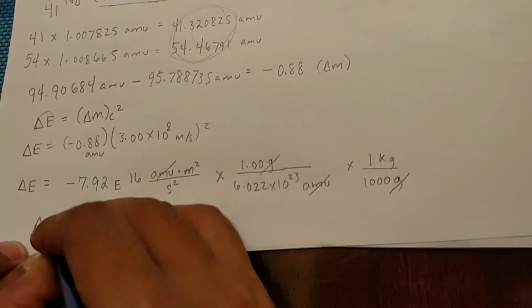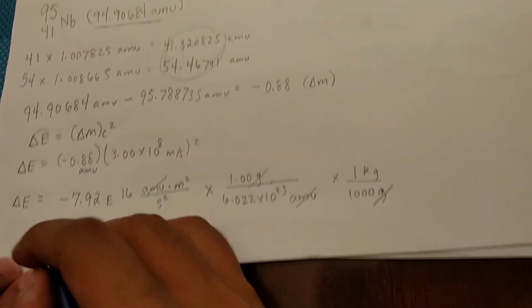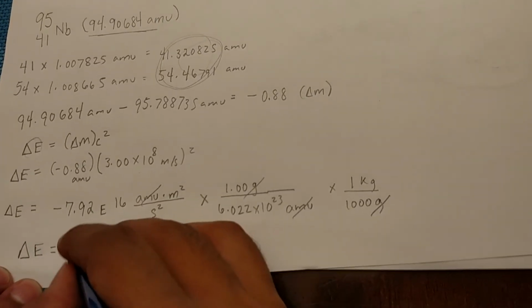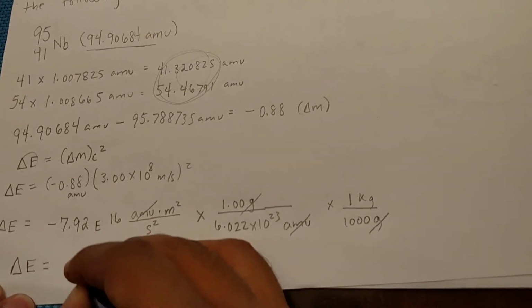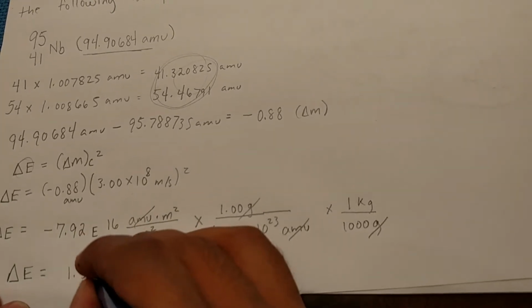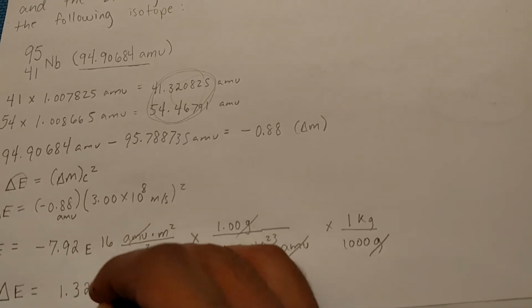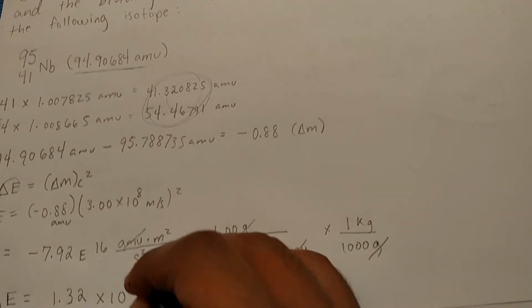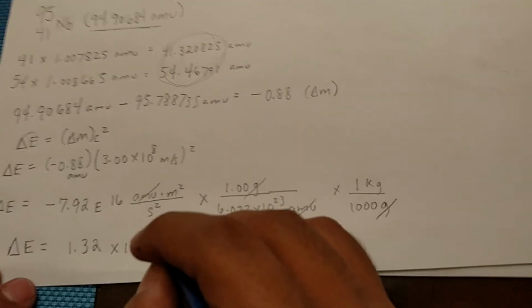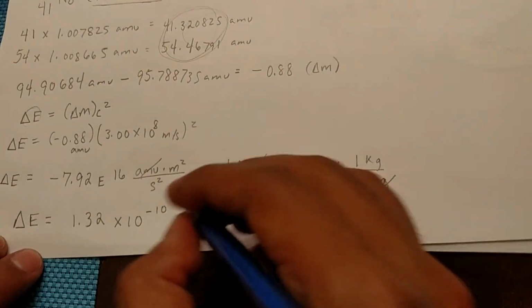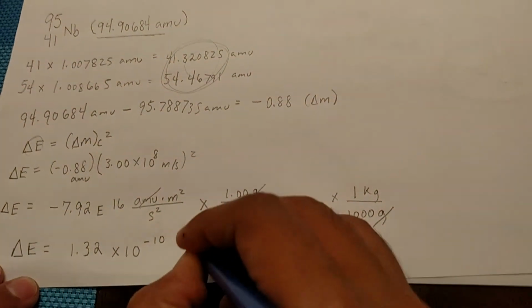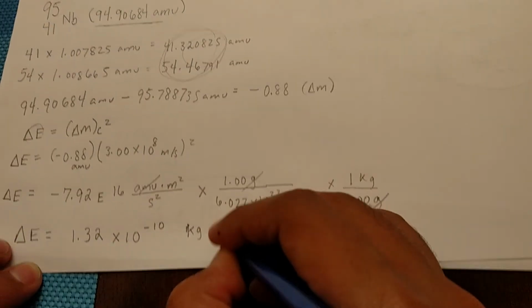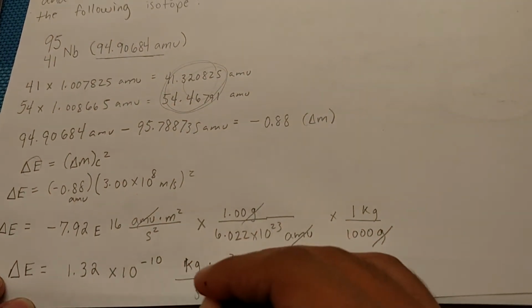And you are left with delta E is equal to 1.32 times 10 to the negative 10 kilograms times meters squared over seconds squared.